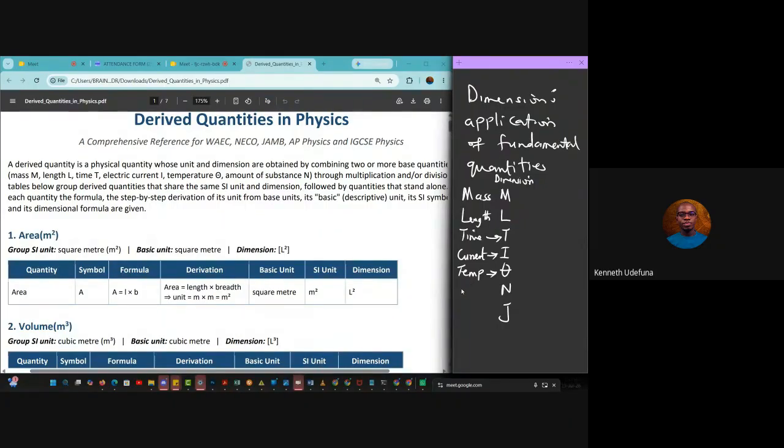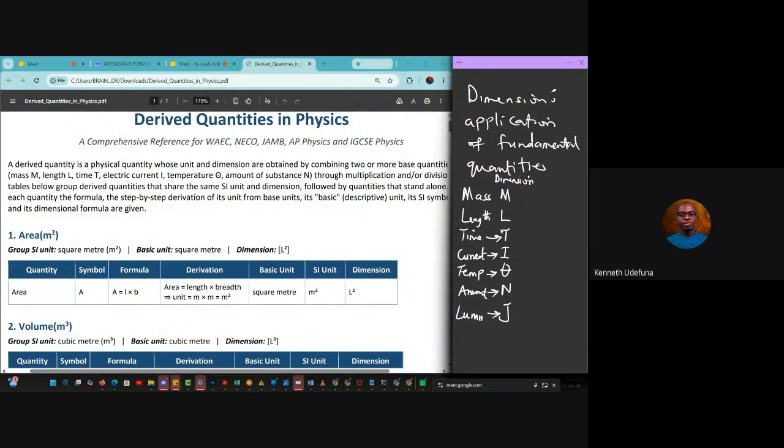The dimension of amount of substance is capital N. And the dimension of luminous intensity is capital J.